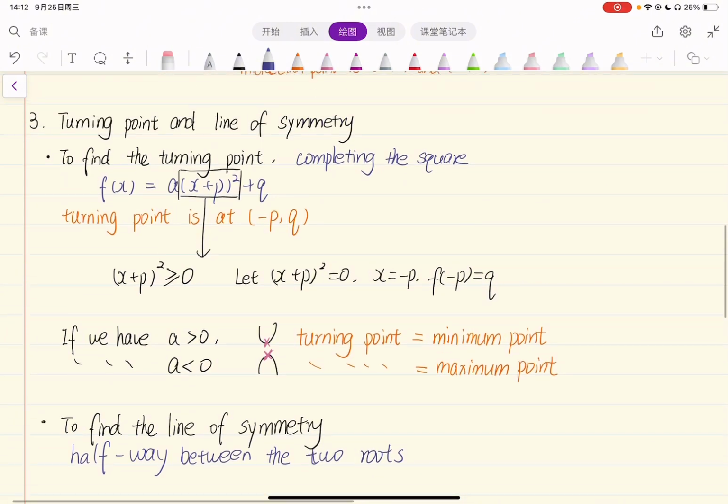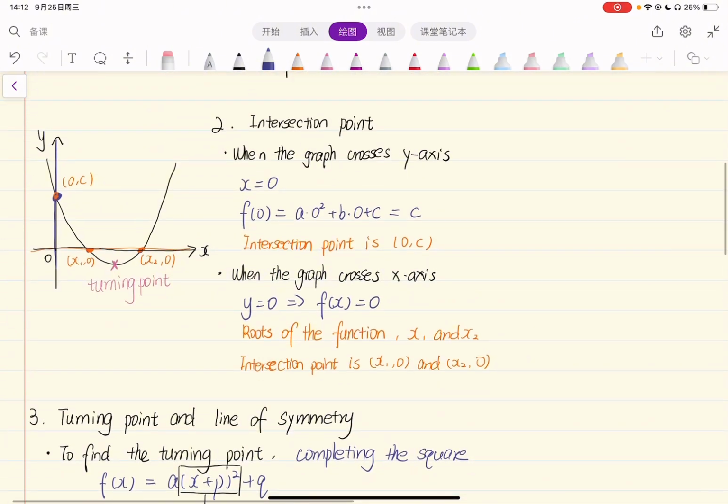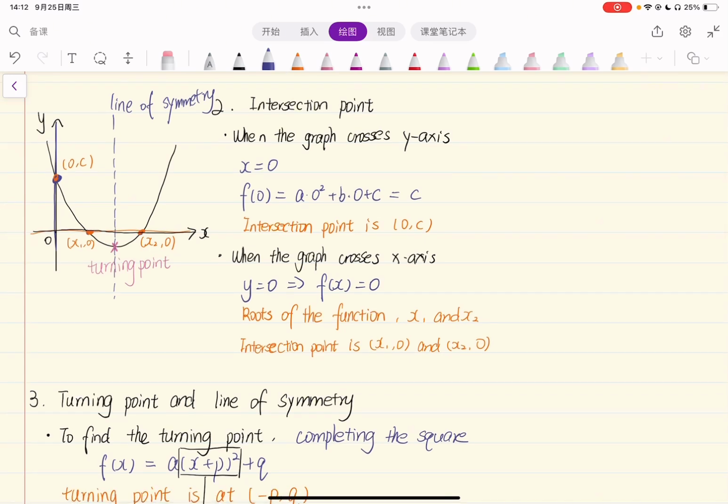So the halfway between the two roots, here, is the line of symmetry. We can see it also passes through the turning point. So we also said the turning point is on the line of symmetry.